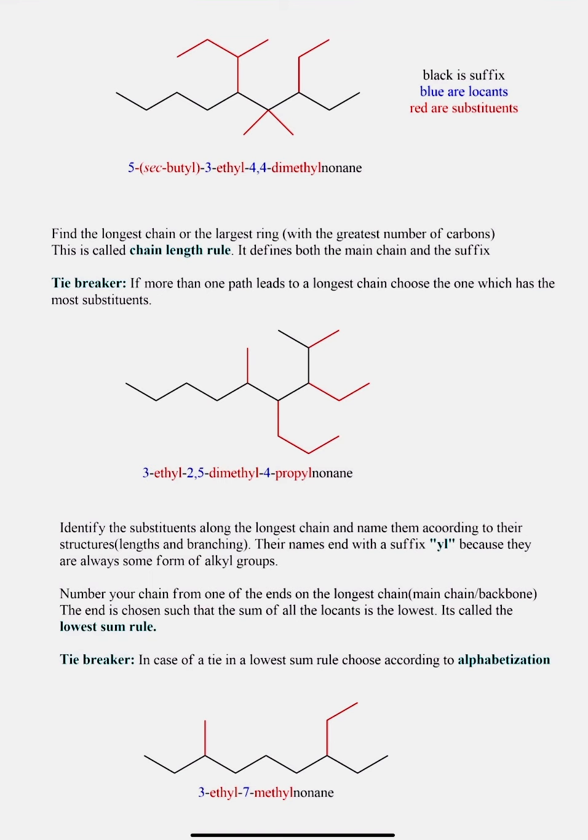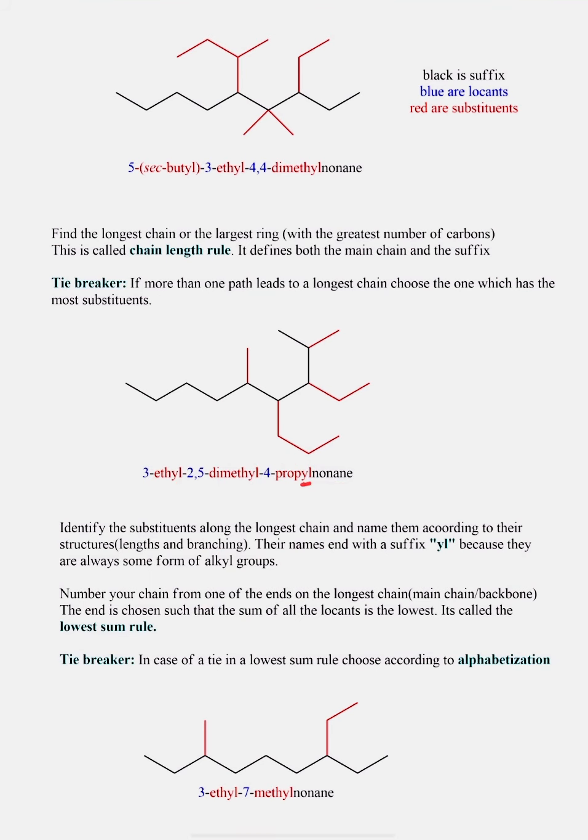Now, after choosing the longest chain, the next thing is to identify the substituents. Generally, the substituents end with the suffix "-yl". Here, this is the suffix of the name of the compound, and here you have the substituents.